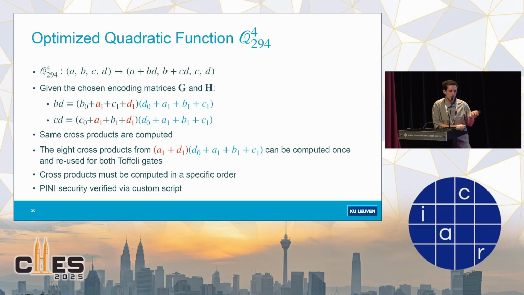So if you make these 2 consecutive calls, you can reduce this cross product because you make them twice. So the idea is to compute only once and then reuse this. So you can save 8 cross products: you compute A1 plus D1 times D, and then reuse it for both. That's a nice optimization, but then you need to be really precise on the order of how you do this whole quadratic function, because otherwise you might lose the security.